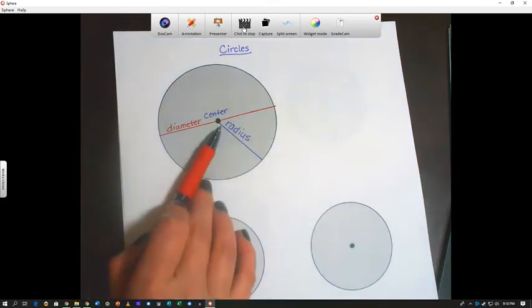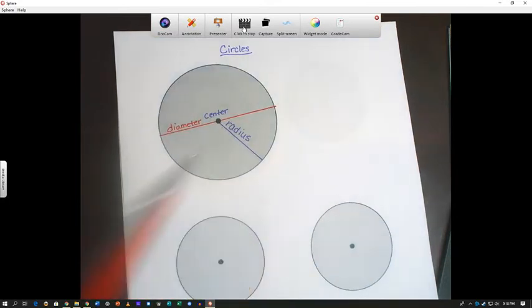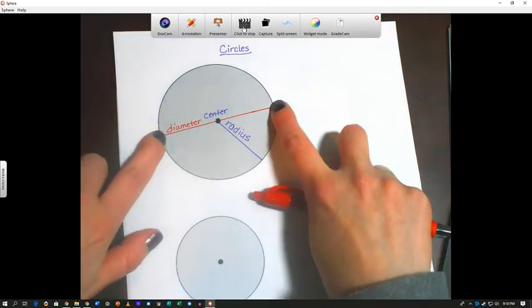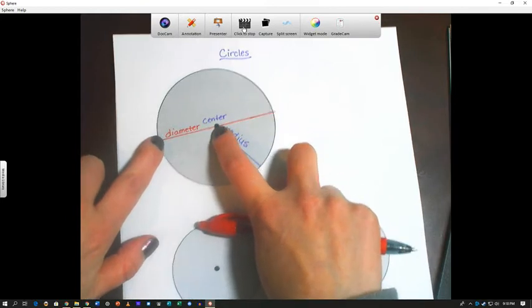So the radius goes halfway through the circle, the diameter extends all the way through the circle, and it has to go through that center point.